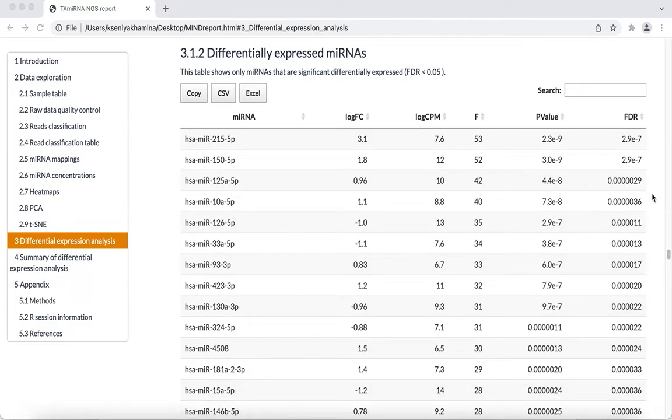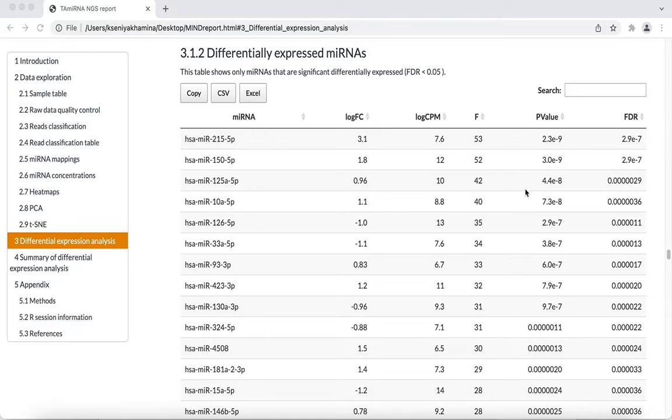3.1.2 provides an overview of the differentially expressed microRNAs, and this table shows only microRNAs that were significantly differentially expressed. This information can be either downloaded or copied.